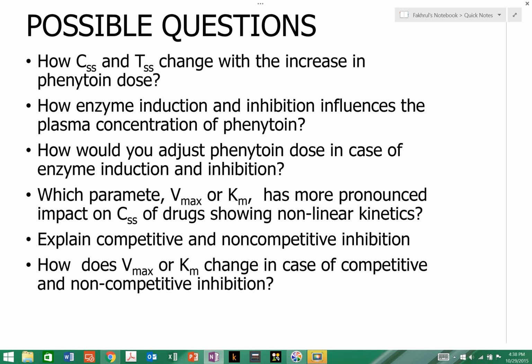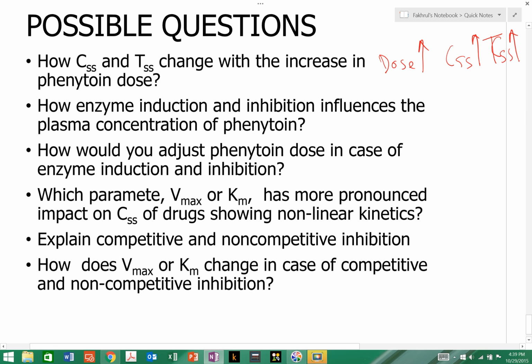How do CSS and TSS change with the increase in phenytoin dose? With the increase in phenytoin dose, CSS increases, TSS also increases.